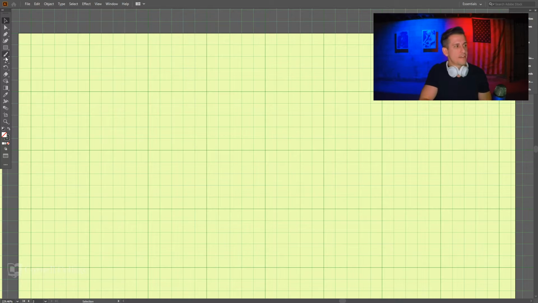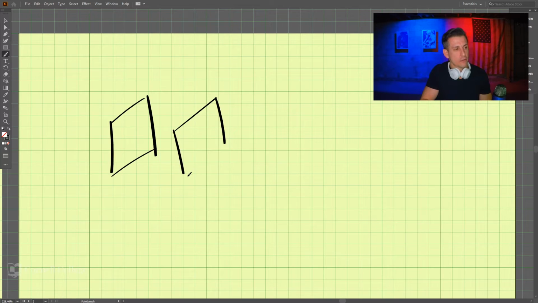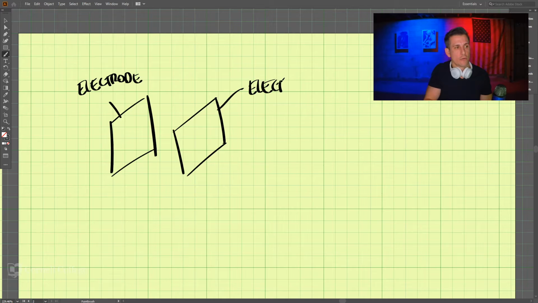So in capacitors, we have these two plates, plate 1 and plate 2, and we call these electrodes. This is an electrode, and this is an electrode. And between these two plates, we call that the dielectric.